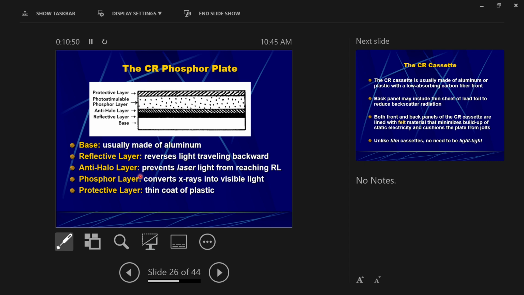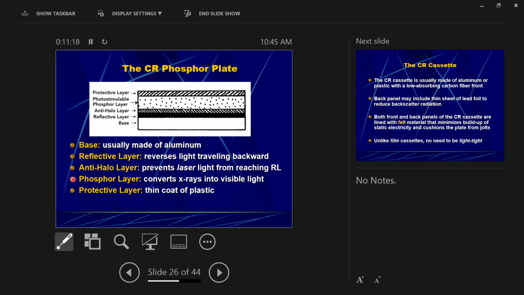The phosphor layer, as it says here, converts X-rays into visible light, but not like the DR or indirect DR do. Indirect DR will convert X-rays to visible light, then into electric current, and direct DR converts X-rays into electric current, but they do it immediately, right?